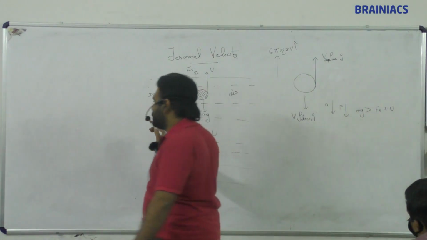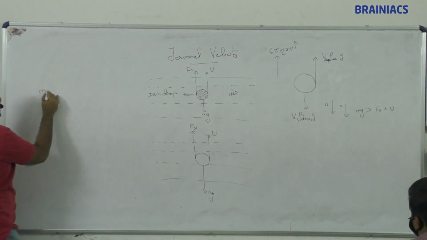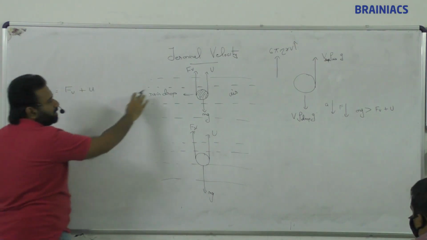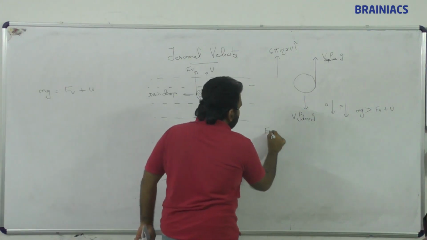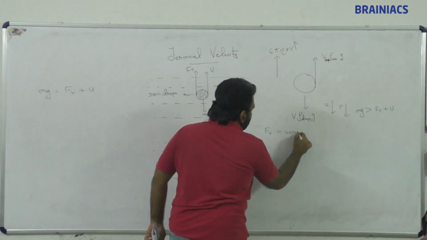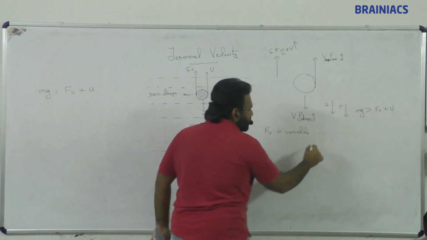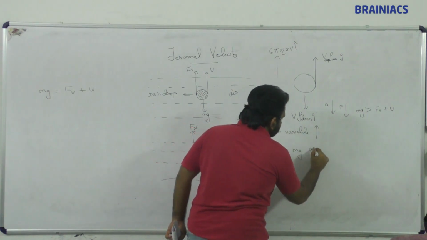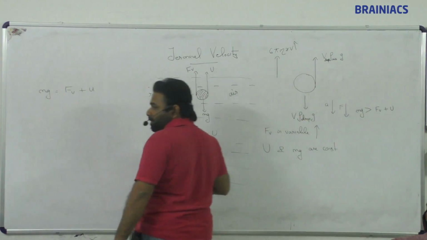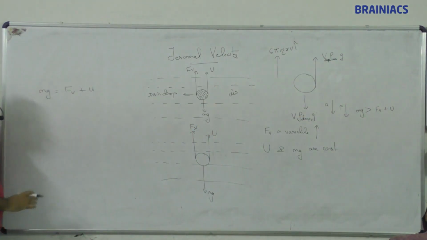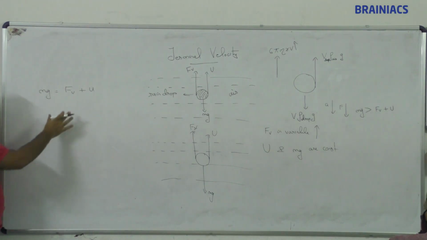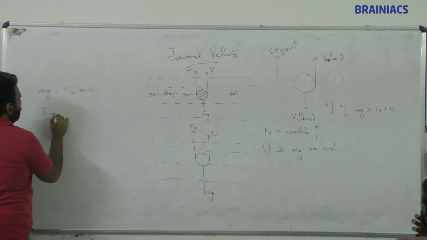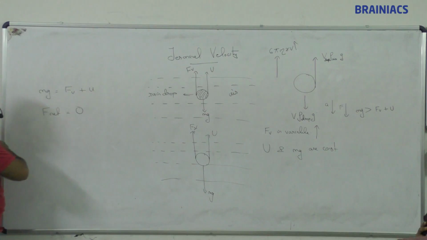Clear or what? So when mg equals Fv plus U, in this case Fv is variable, so it will be increasing, while U and mg are constant. When mg is equal to the viscous force plus U, we can say F net is equal to 0.